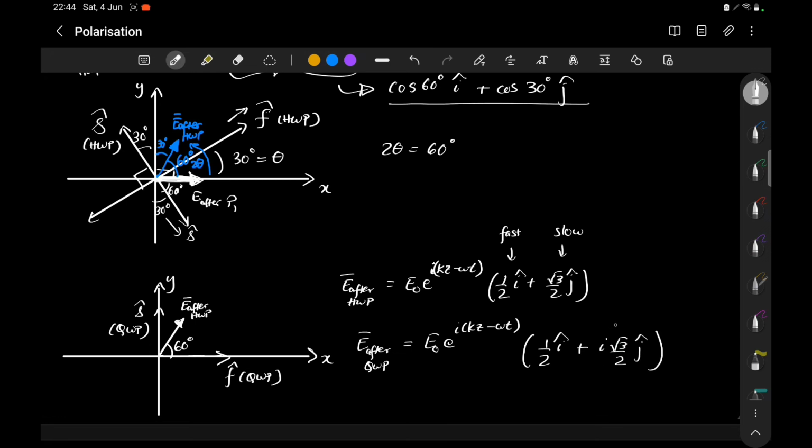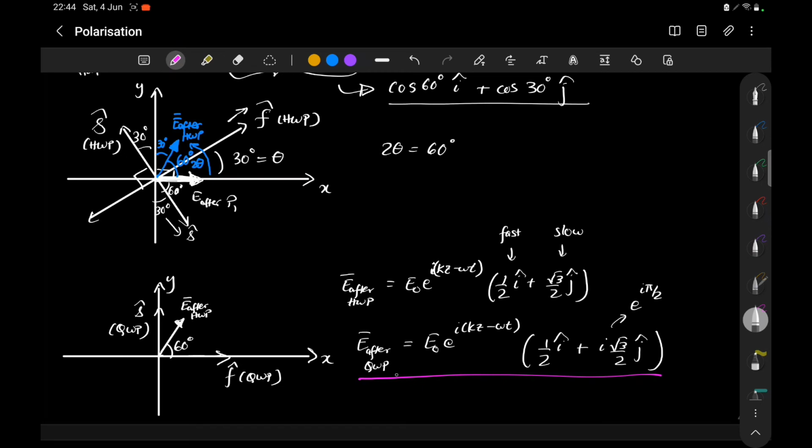This is the electric field. This i is essentially this, so a phase difference of pi by 2 is introduced. So this is our electric field after the quarter wave plate.